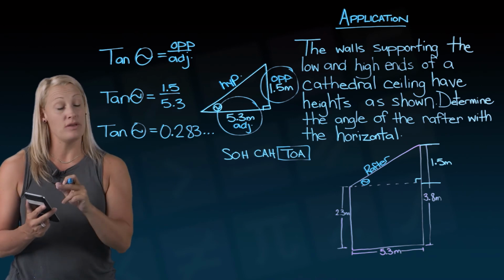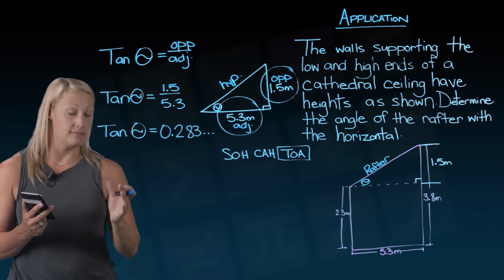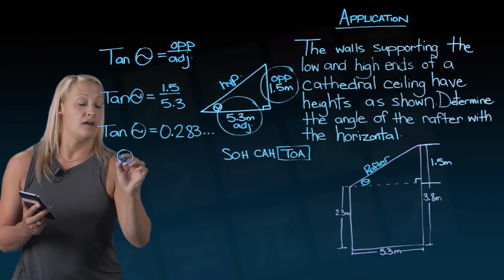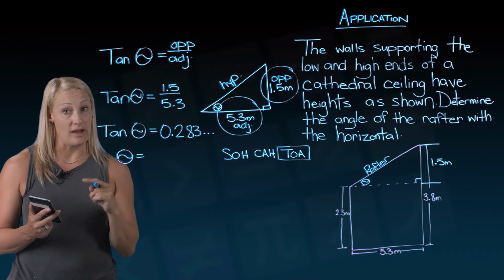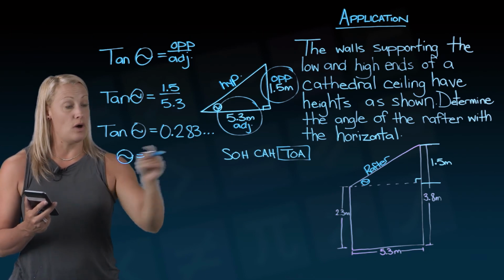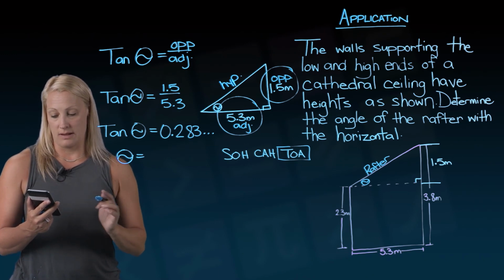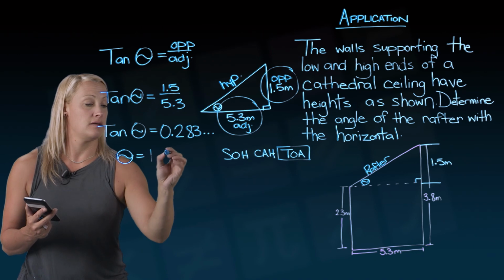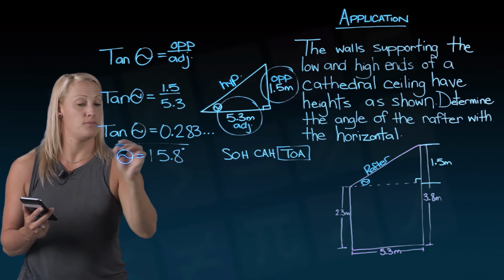I kept that whole thing on my screen, and then I'm going to press second function or inverse tan to get my final answer. Every time we're using a trig ratio to find an angle, we've got to use that inverse button or that second function button. I've got that value on my calculator, so I can go ahead and press second function tan, and I get 15.8 degrees because I'm in degree mode.